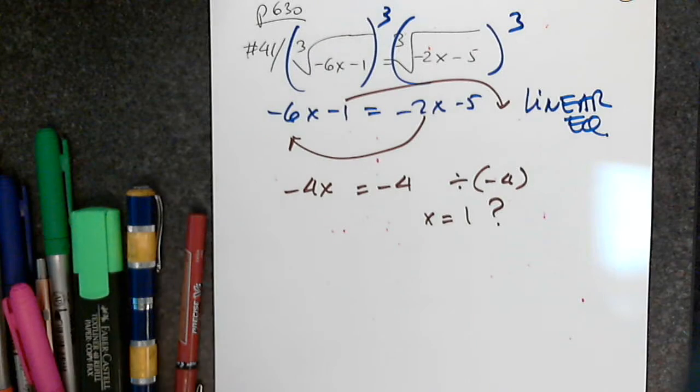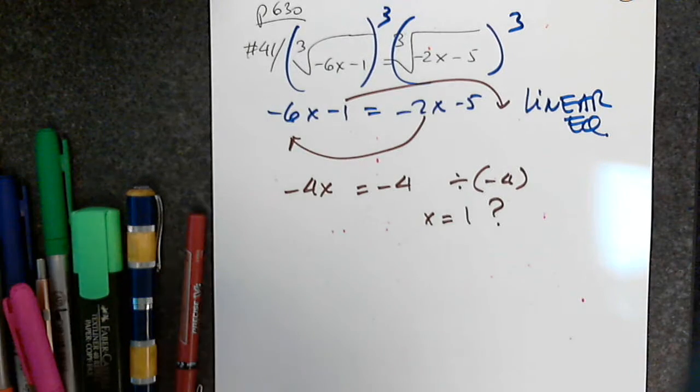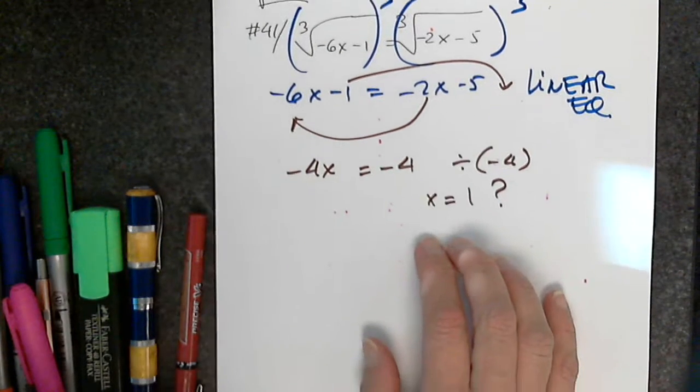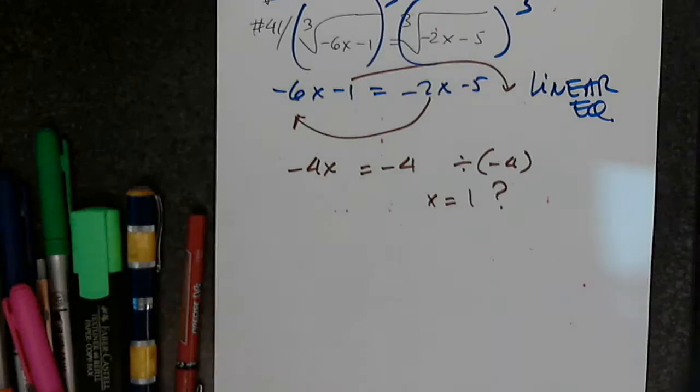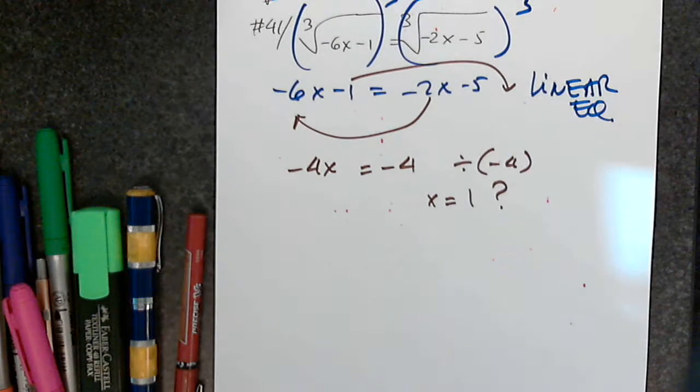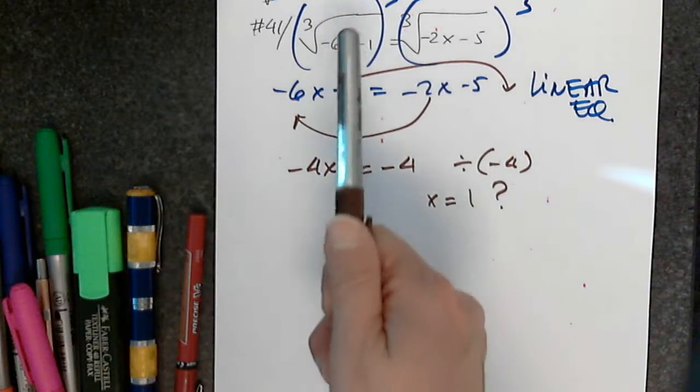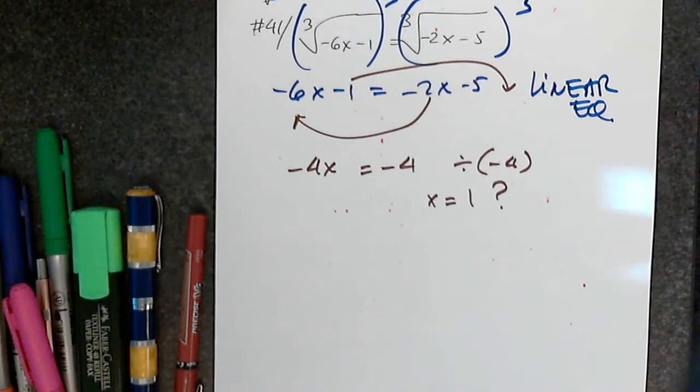Remember, it comes with a question mark. We discussed that last time, and let me refresh your memory. When we raise both sides of an equation to the second, the third, the fourth, the fifth power, it's mandatory to go back and check. Now, here's a little inside information, if you want. Every time we raise to an odd power, all solutions will work.